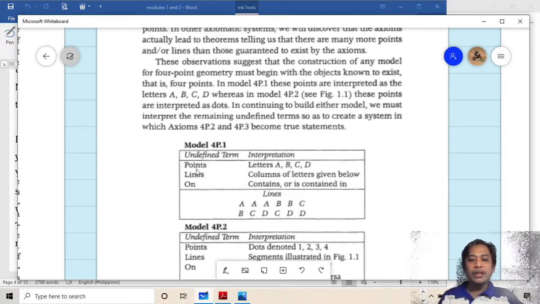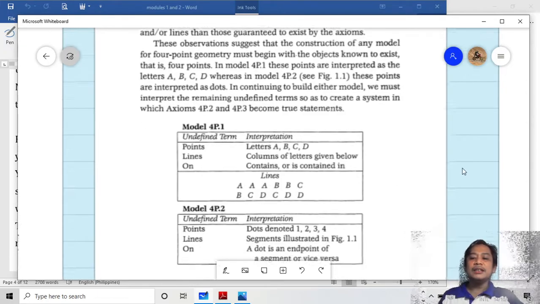Here, we interpret points as the letters A, B, C, and D. And the lines are columns that contain the letters. Okay? So when you say on, the point is on the line, meaning such letter is on that column. It is contained in that column.